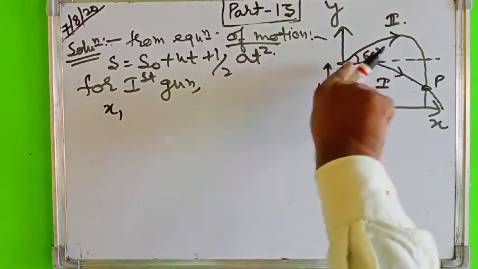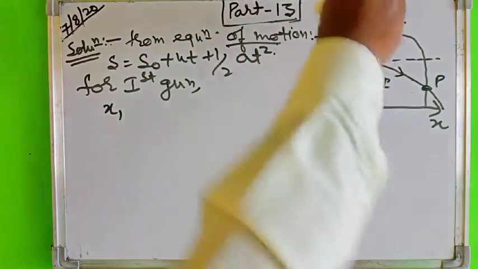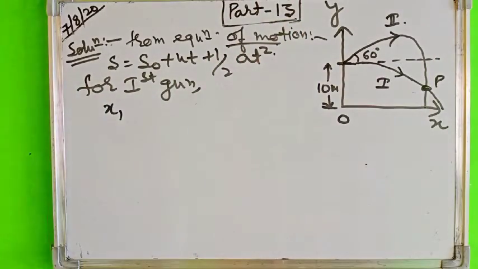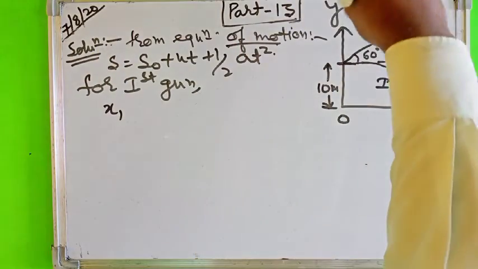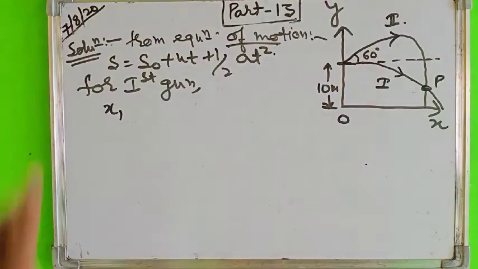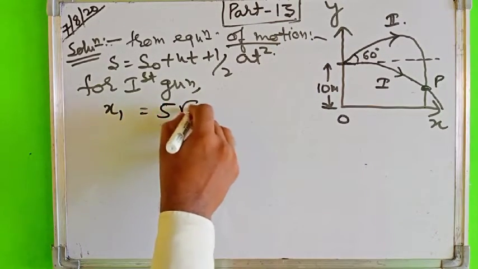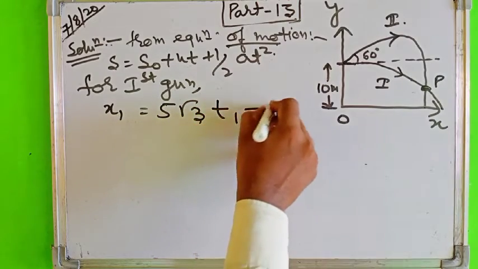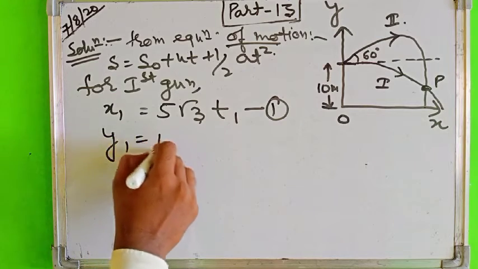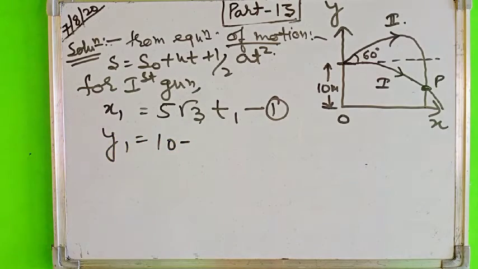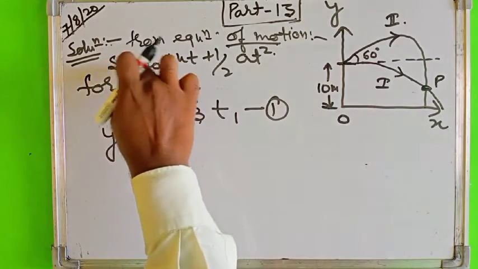If we are talking about x direction movement, then we will not consider the acceleration due to gravity g. And if we are talking about the position in the vertical direction, then we will consider the acceleration due to gravity. So x1 is equal to 5√3 t1. This is equation number 1. And y1 is equal to 10 minus, initial position, as this is final position, this is initial position.